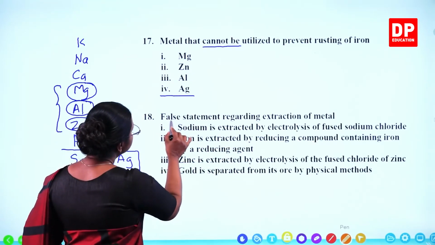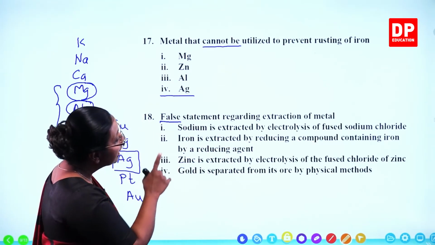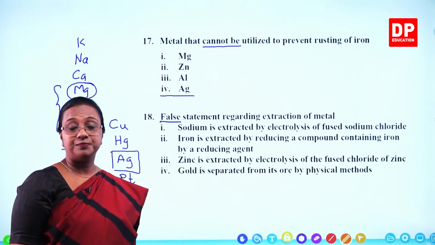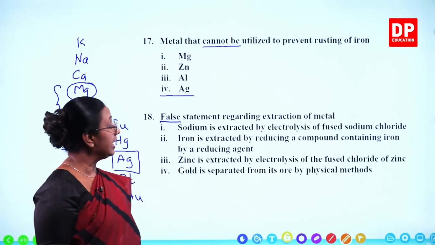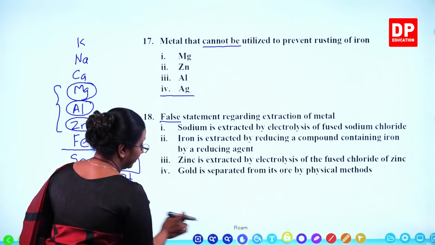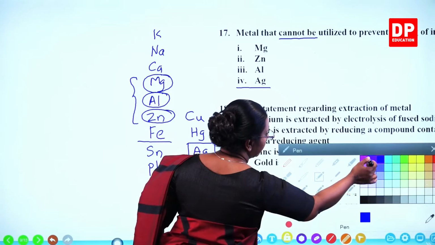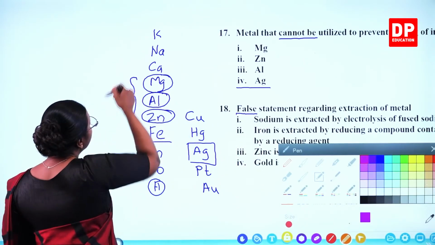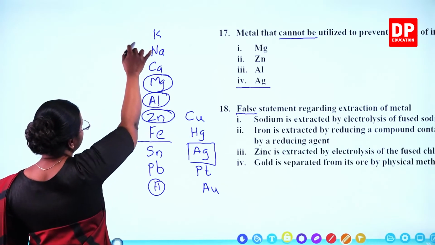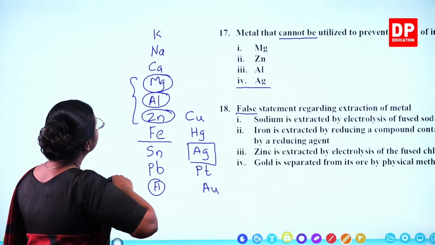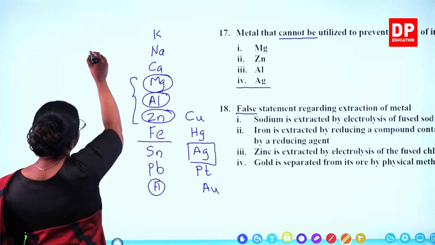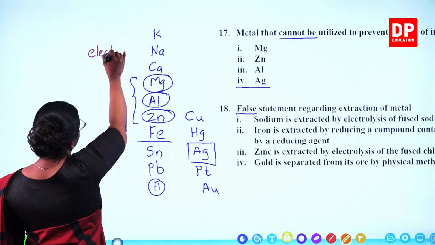Again, false statement regarding extraction of metal. Again, if we use the activity series, now you can remember the highly reactive elements like potassium, sodium. What is the method used? We use electrolysis.